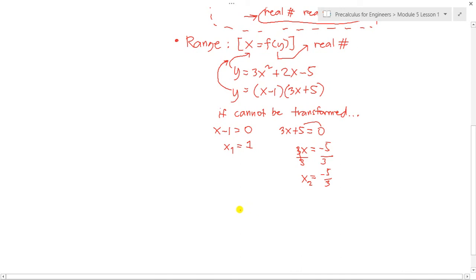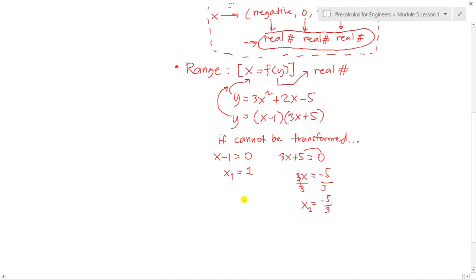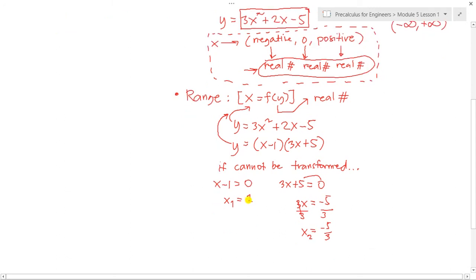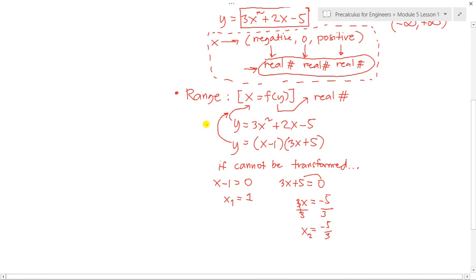What is next, class? In order to test, as you can see here on this hidden box, this is our test value. Now, since it cannot be transformed, our test value is different. From the previous, our test value is for the y, for the range.